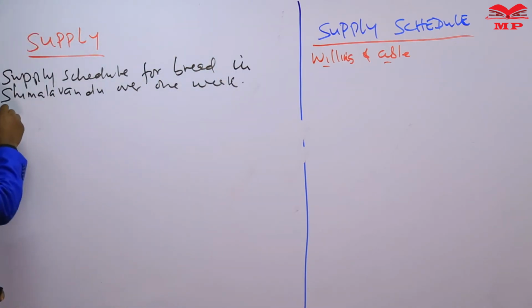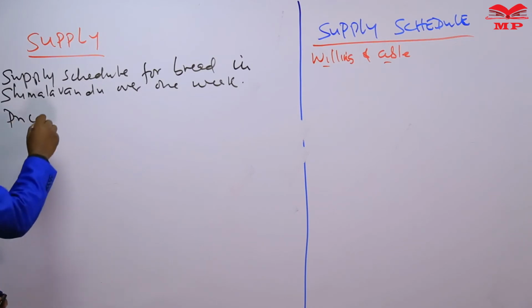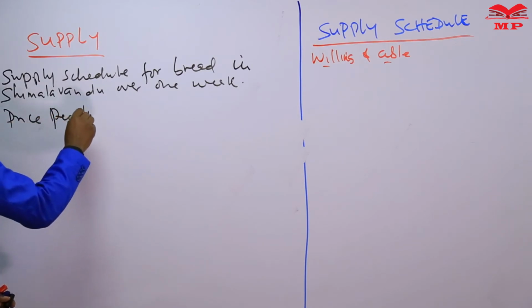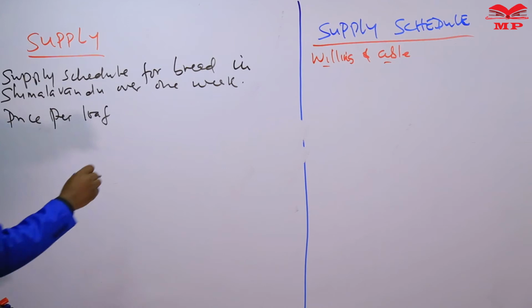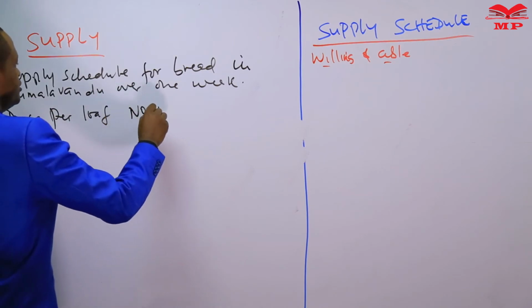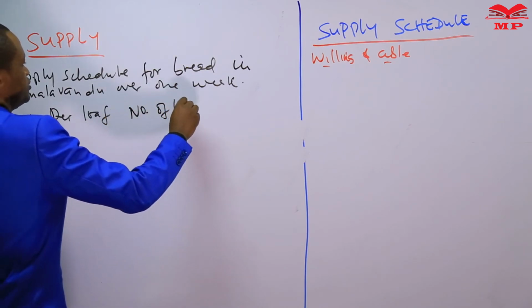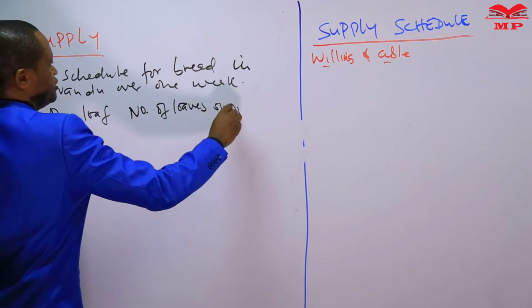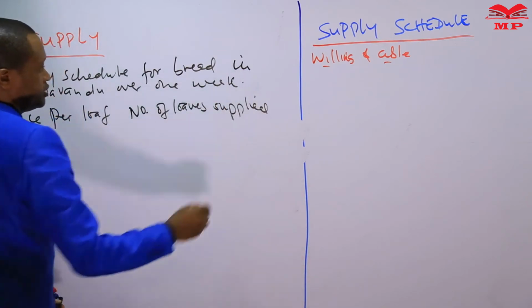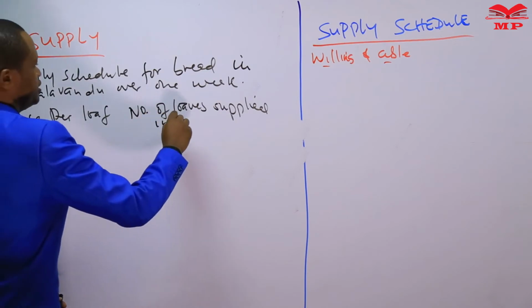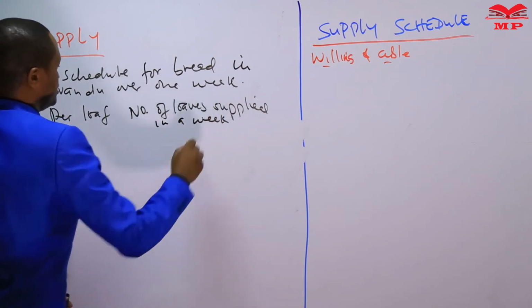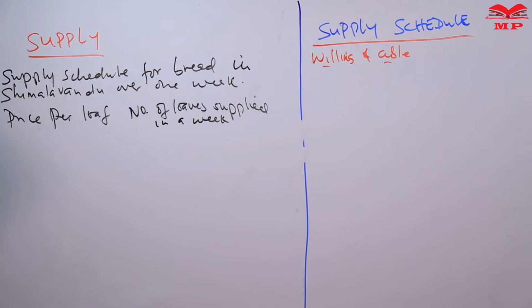So we have a column here for price per loaf, then quantity, the number of loaves supplied in a week.